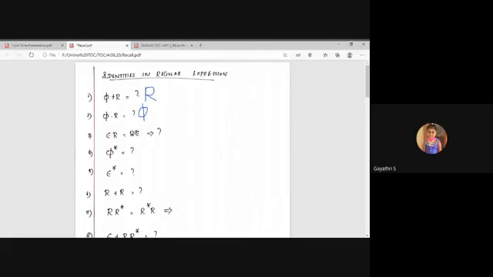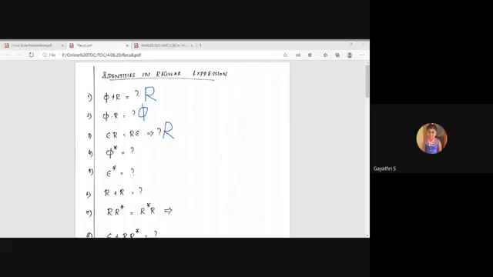Concatenation with phi gives phi only. Next, epsilon concatenated with r equals r epsilon, which is equal to r only.